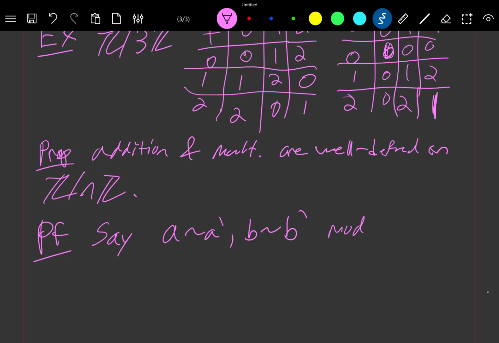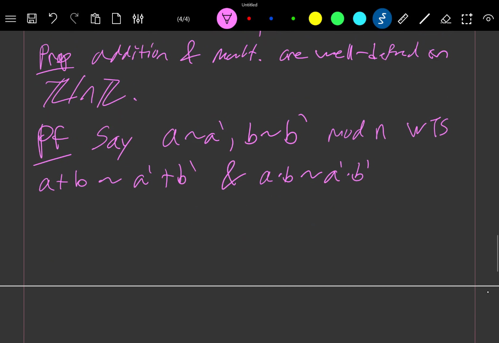This is modulo n. We want to show that a plus b is equivalent to a prime plus b prime, and a times b is equivalent to a prime times b prime. So this tells us that our addition and multiplication are well-defined operations.